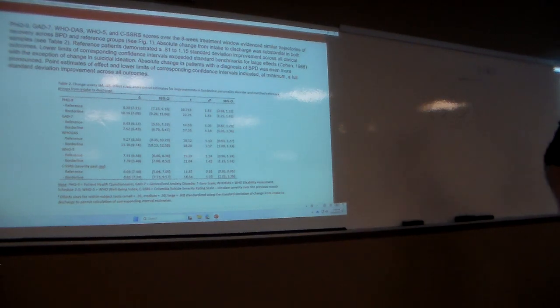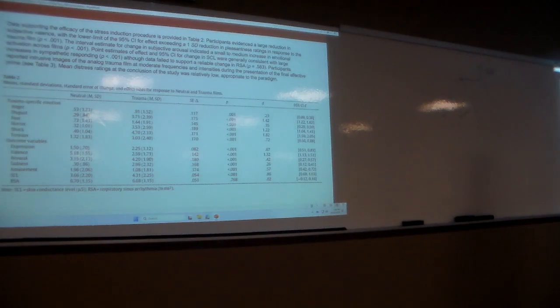We say absolute change in patients with bipolar disorder was even more pronounced. Point estimates of effect and lower limits of the corresponding confidence intervals indicated at max a full standard deviation of improvement across groups, right? So even if we look at the low end of the effect size estimate, we're still at a full standard deviation difference pre and post treatment. Again, just trying to make a strong argument: this is what we can say.